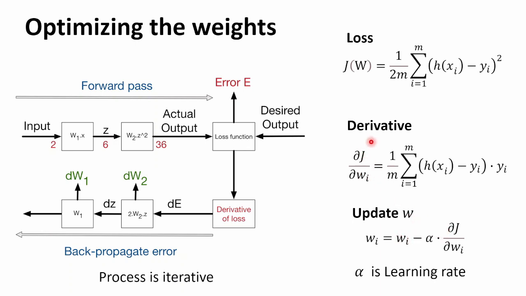So once you get the derivative, you look at the initial weight, which was wi, and then subtract the derivative that you get, multiplied by a learning rate, which is called alpha in this case. So after one iteration, you would get an updated value of w1 based on what the loss is.